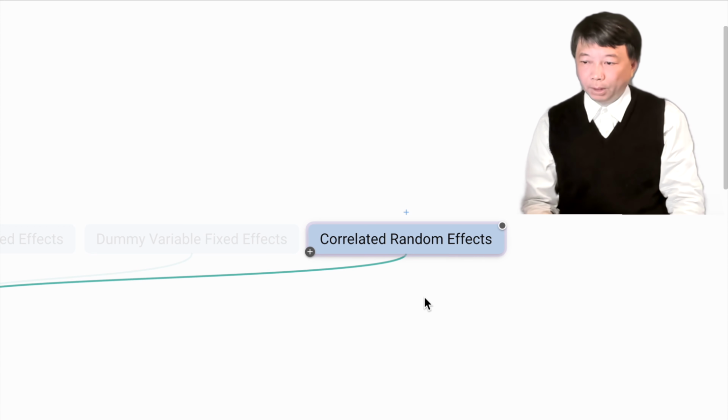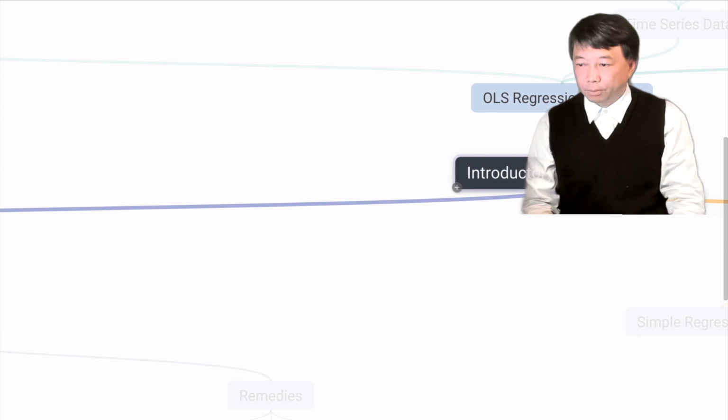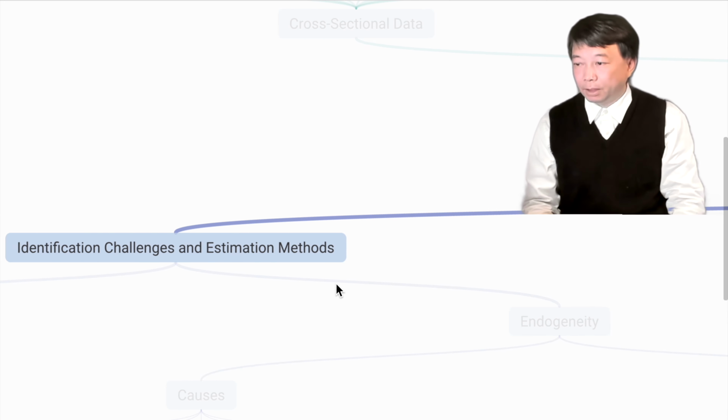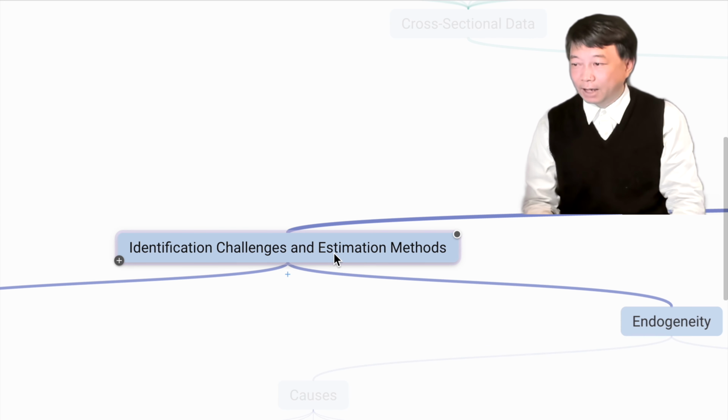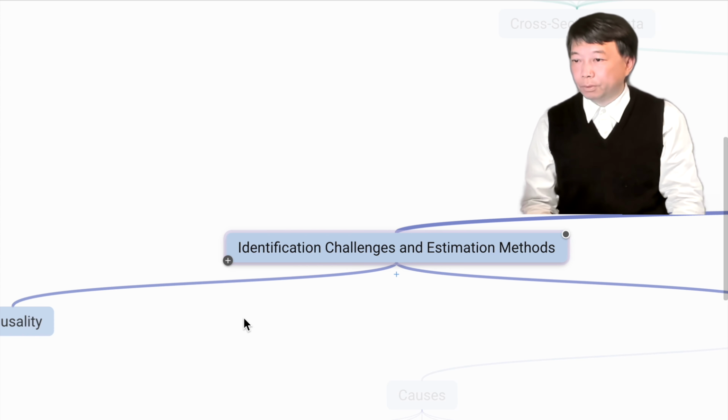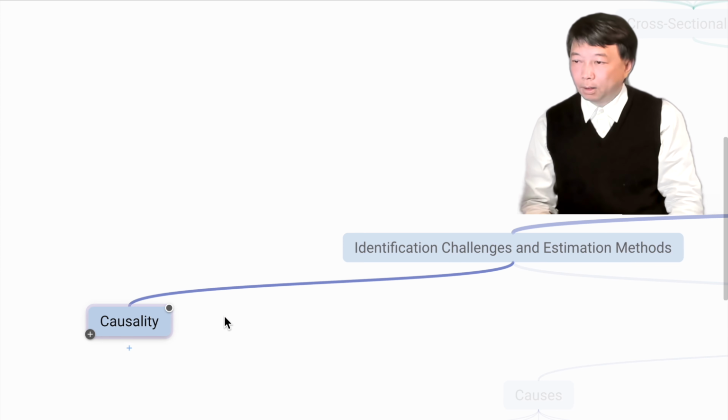The second component of Econometrics focuses on identification challenges and estimation methods. One of the primary objectives of econometric analysis is to estimate the causal relationship between variables. However, an observed association between two variables does not necessarily imply causality.